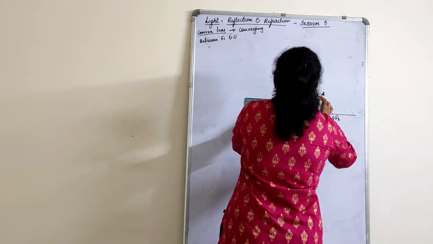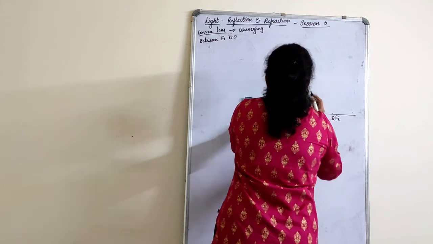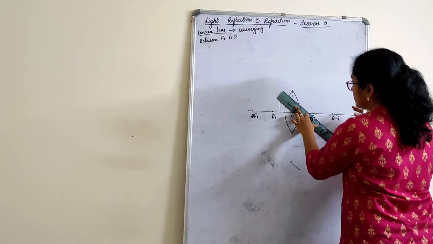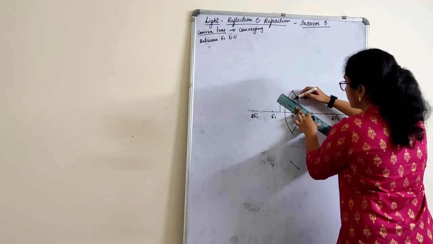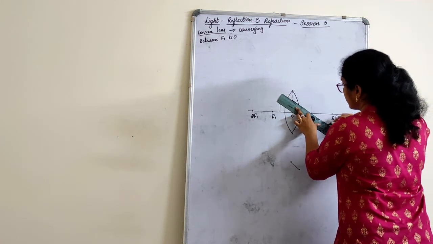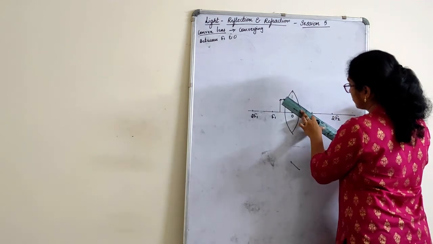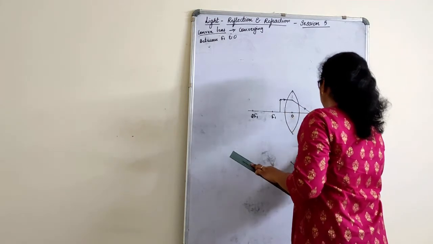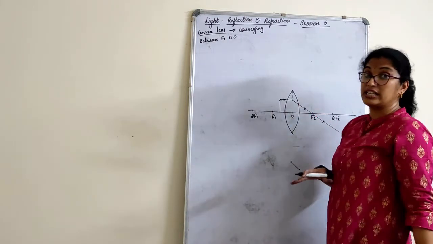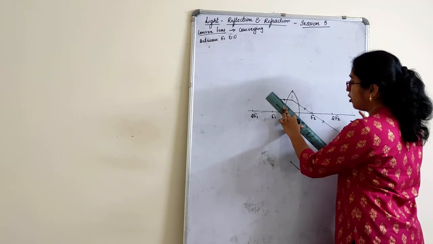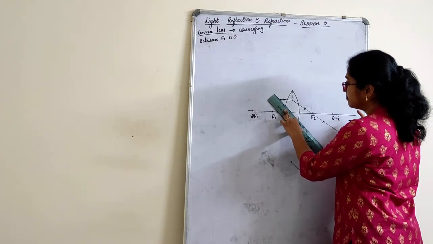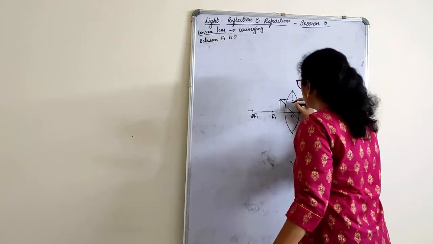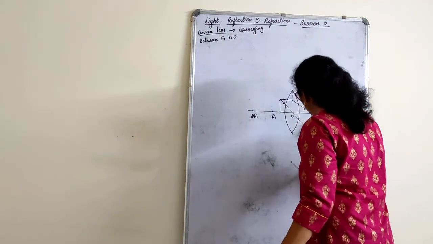Okay. So the light ray travels till here, arrow mark, and it travels to the focus. Arrow marks are important. Yeah. The second ray, as per the rule, has to pass through the optic center. Right? So the second ray passes through the optic center.